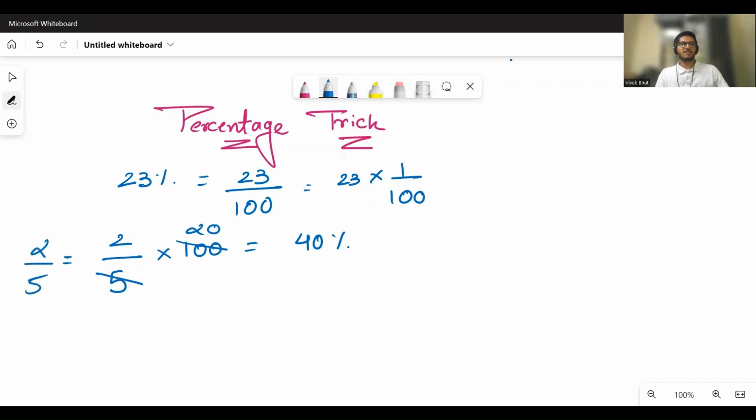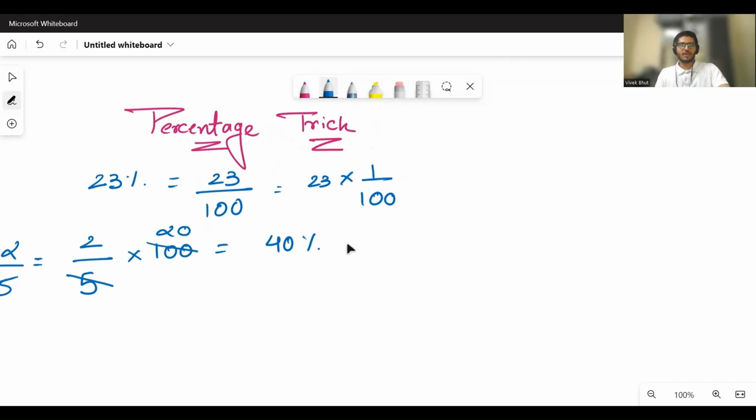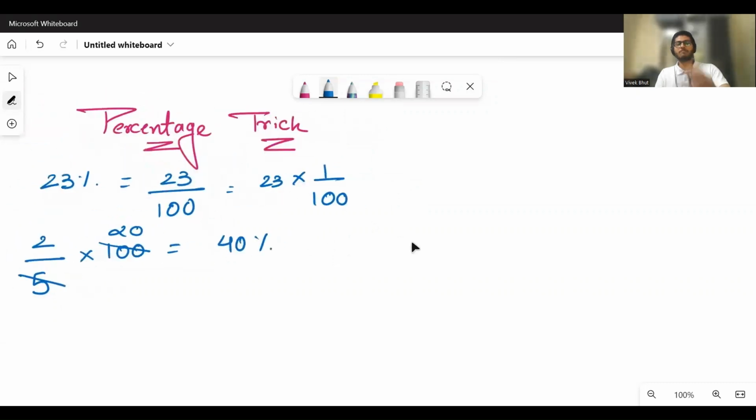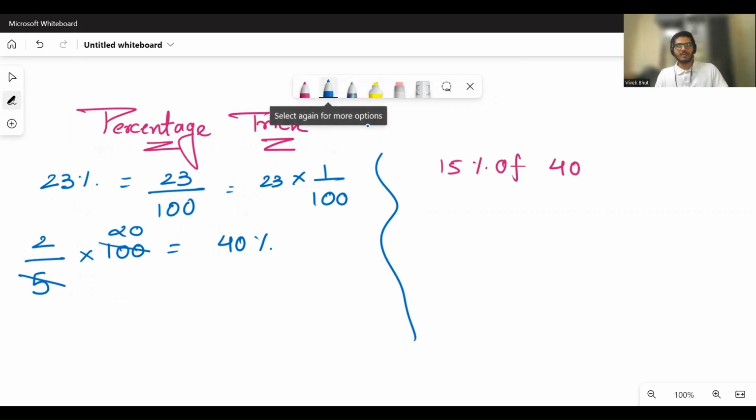Now, percentage is something more than this, right? It's not just to convert a percent to fraction and fraction to percent. Now, we are going to see how to find any percent part of a number. Let's say, for example, I would like to find 15% of 40, right? What is the traditional method to find this? The traditional method is that I write 15% as 15 upon 100.